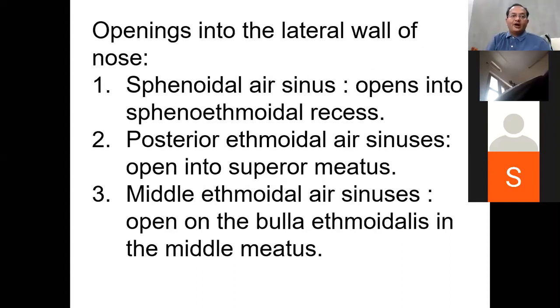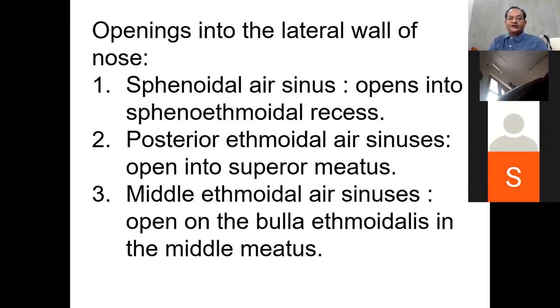Openings in the lateral wall of nose, read this carefully. Sphenoidal air sinus opens into the sphenoethmoidal recess. What is the sphenoethmoidal recess? It is a recess present just above the superior nasal concha. Posterior ethmoidal air sinuses open in the superior meatus.